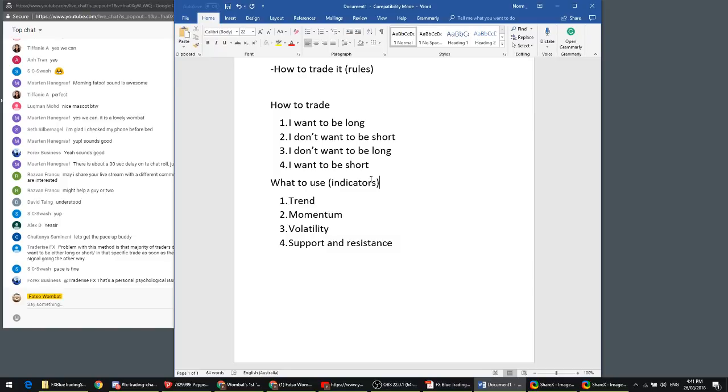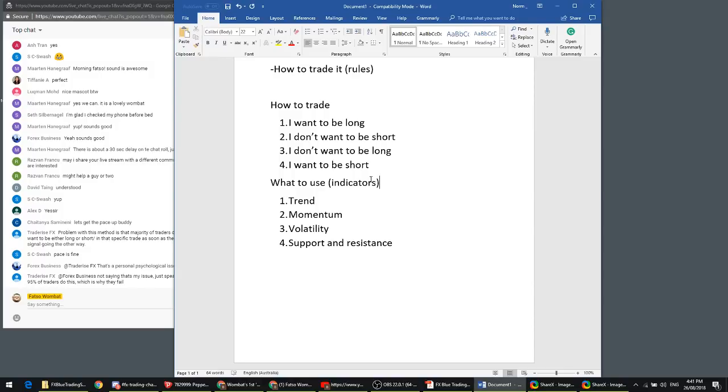Then we'll have the volatility, so we know whether the market is asleep or awake. And then lastly, we want support and resistance, because ideally we'd like to enter just above support and exit at sort of a resistance point. Of course, everything doesn't always go to plan, but if you can get each one of those four indicators telling its story, then you get a snapshot of the market.